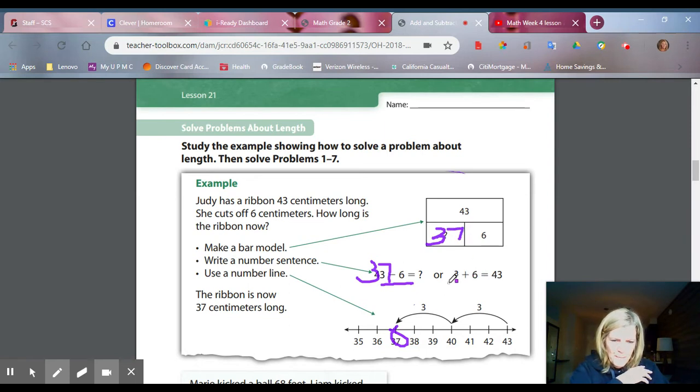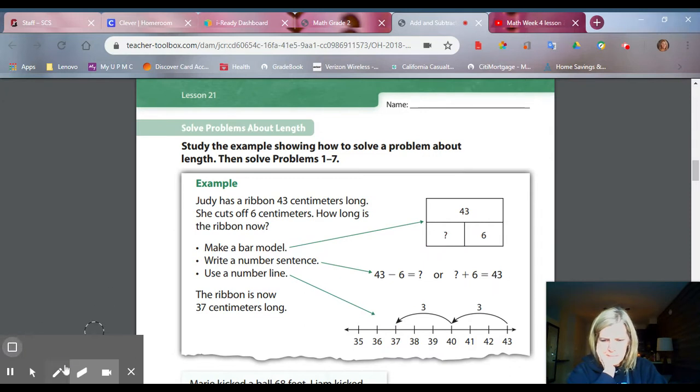What if you wanted to add up what plus 6 equals 43? That's a tough one. So you start at 6 and get to 43. If I want to do that, I would probably count up like we did in last week's lesson. I would start at 6, make the target number 43.